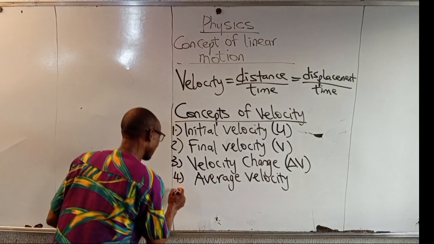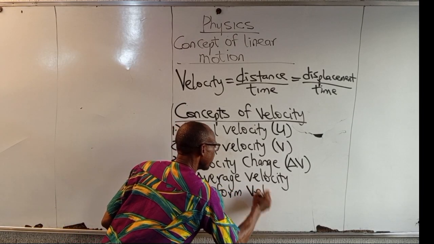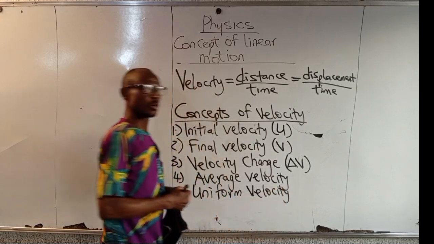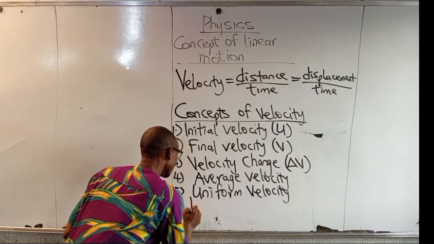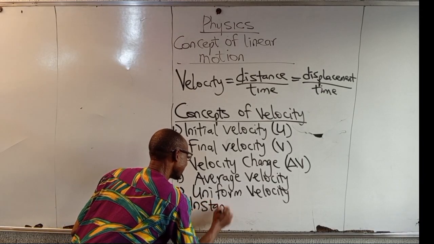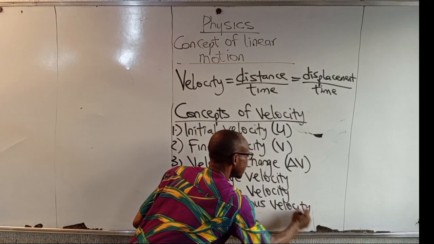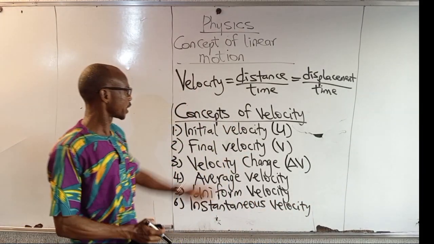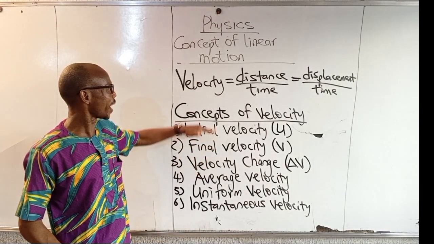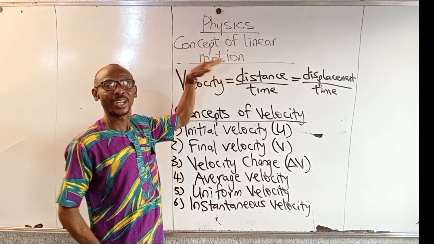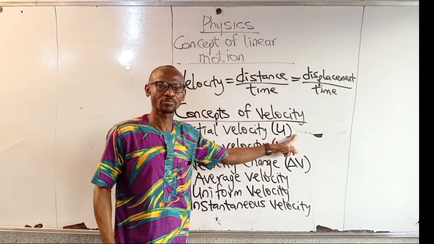Then we are also going to talk about our uniform velocity, and last we are going to talk about instantaneous velocity. So these are some of the basic concepts we are going to understand about velocity in our quest to understand the concept of what? Linear motion.